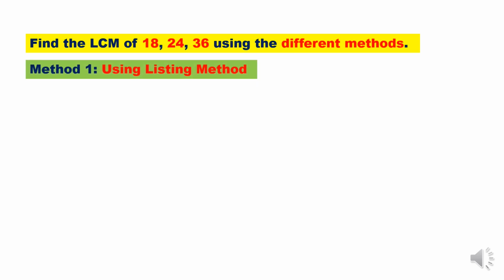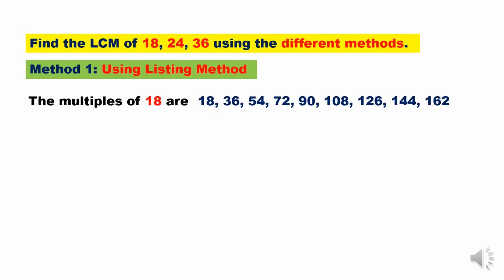Another example. Find the LCM of 18, 24, 36 using the different methods. Method 1, using listing method. The multiples of 18 are 18, 36, 54, 72, 90, 108, 126, 144, 162, and so on.